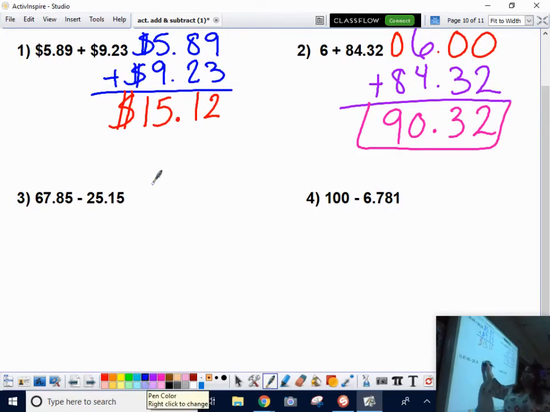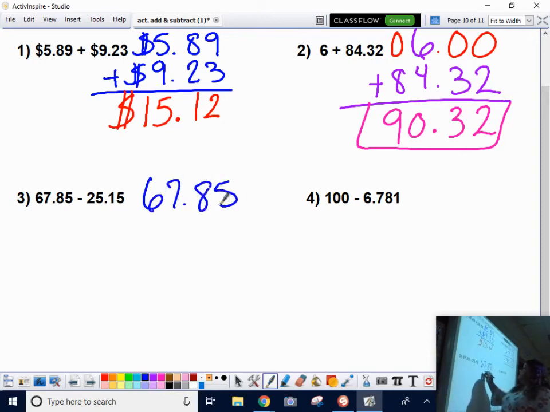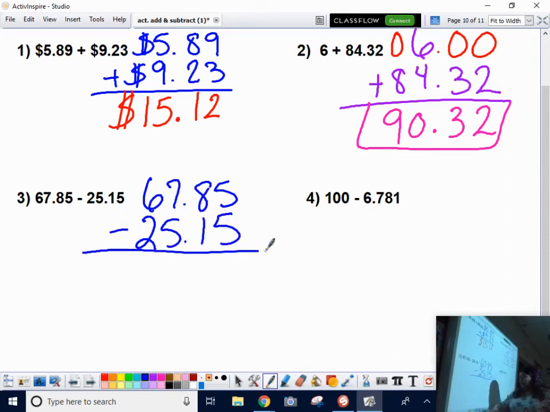See how you did? You should have lined them up as 67.85. Underneath the 6 goes the 2, so 25 and 15 hundredths. We are subtracting. Hopefully you caught that you were subtracting. Everybody has a buddy, so we can subtract. Okay? Bring my decimal down. 5 minus 5, 0. 8 minus 1, 7. 7 minus 5, 2.